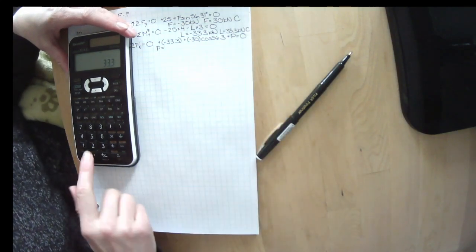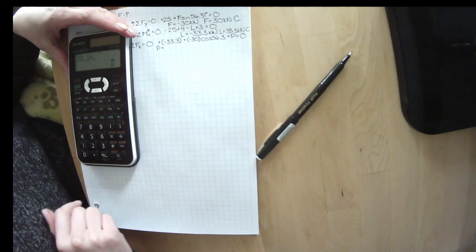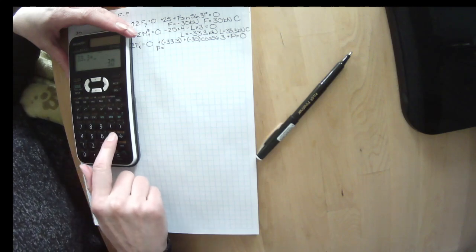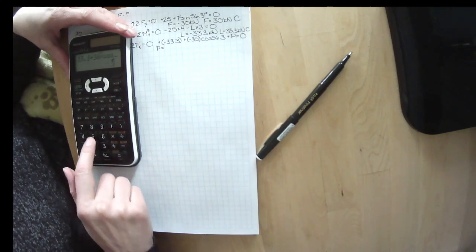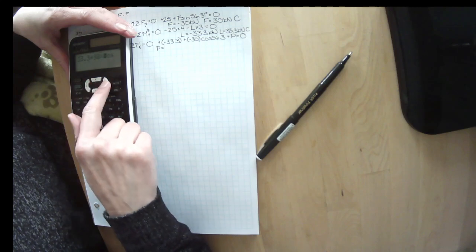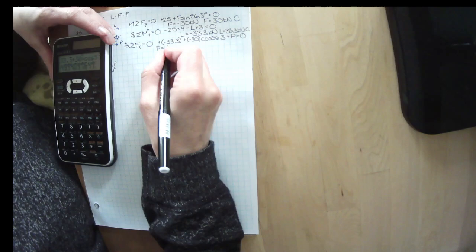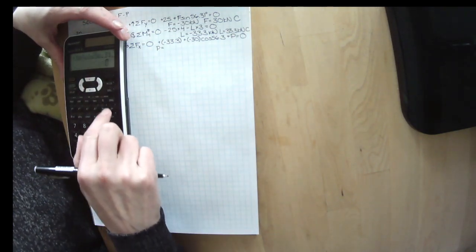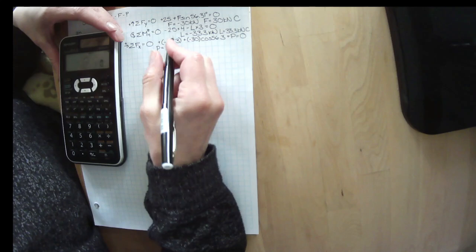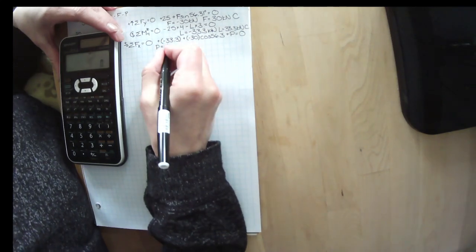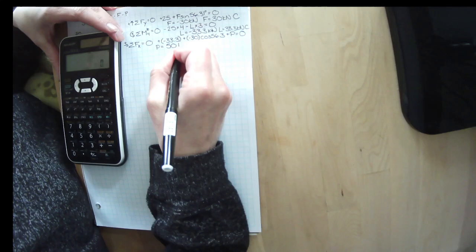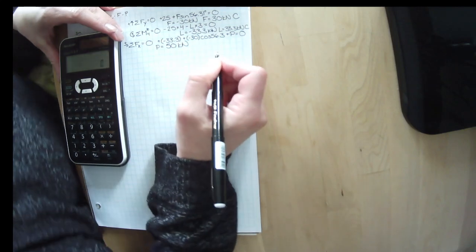We'll bring that over, it becomes positive. So plus 30 times cosine of 56.31, and we get P, this is a small rounding error here, P equals 50 kilonewtons.